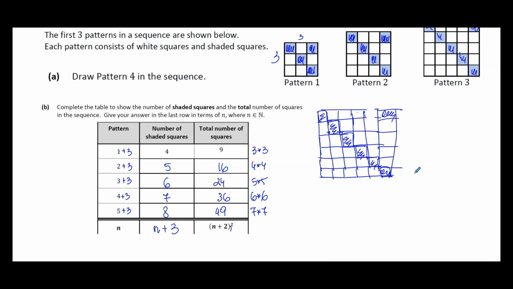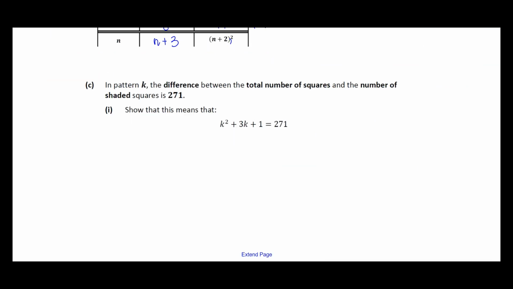Okay, let's have a look at the next part. It says in pattern K, so in some pattern, we don't know which one, maybe the 20th, maybe the 100th, the difference between the total number of squares and the number of shaded squares is 271. What do I do with that?